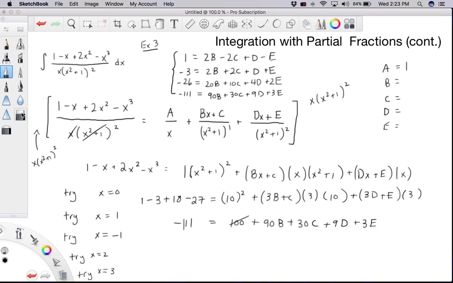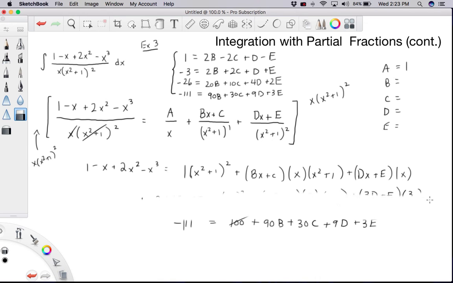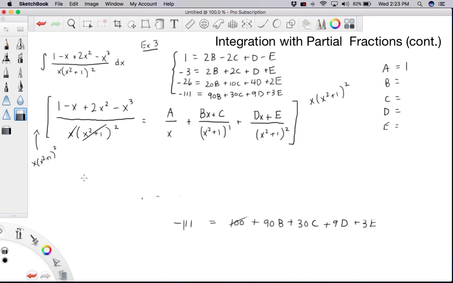Okay, so now we have our 4 equations. So that means we should be able to solve for our 4 unknown constants. We had 5, but a was equal to 1, and it was pretty easy to eliminate that.